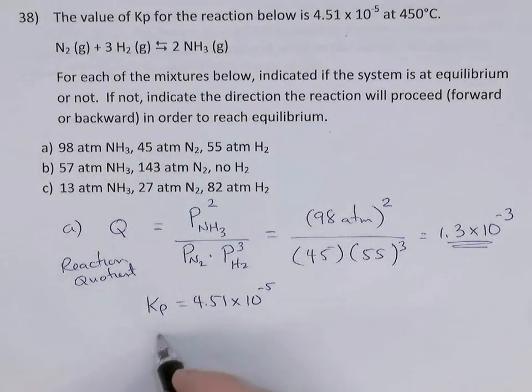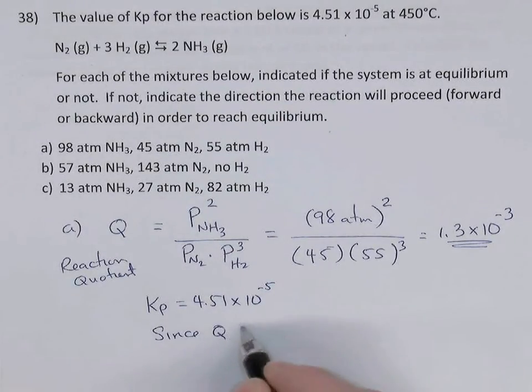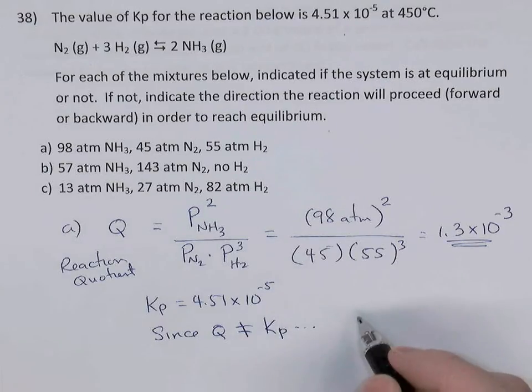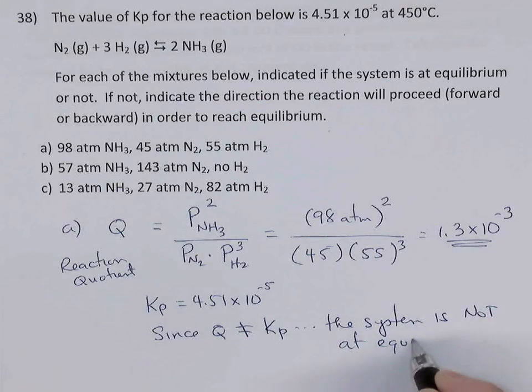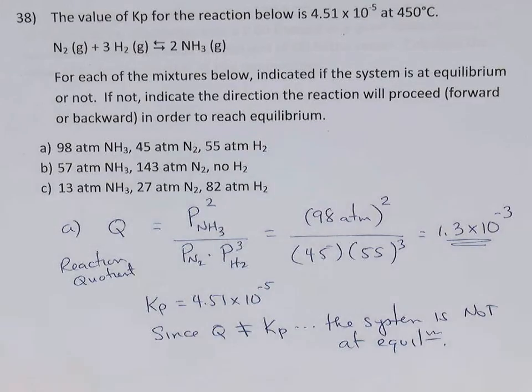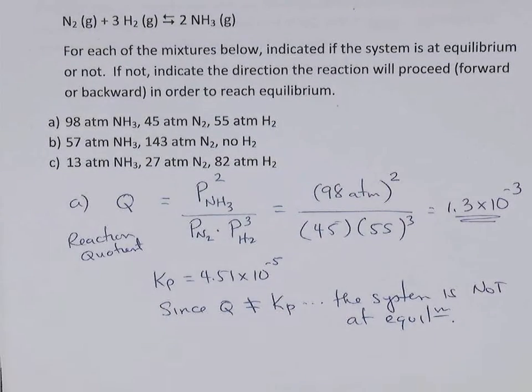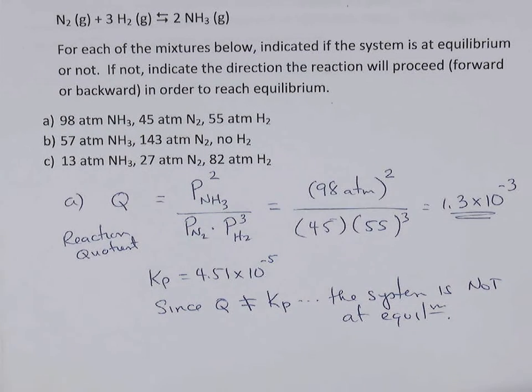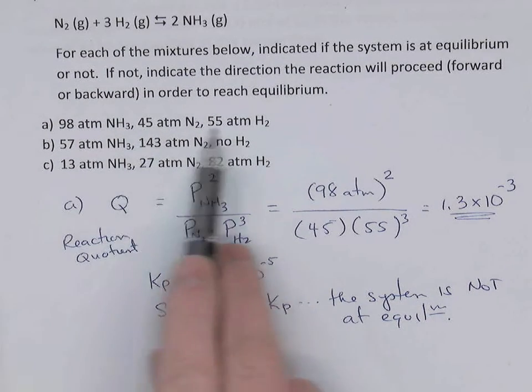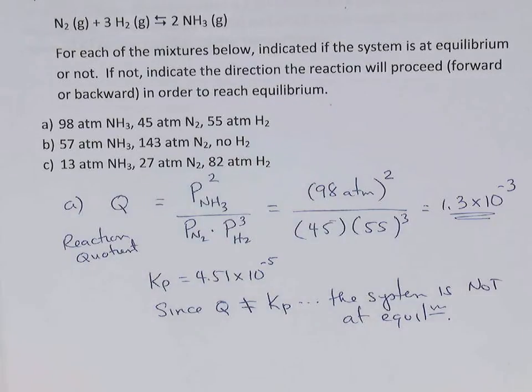So since Q is not equal to Kp, the obvious conclusion then is that the system is not at equilibrium. Okay, if Q is equal to Kp, then yes, the system was at equilibrium, but here Q and K are different, so this system with those pressures of ammonia, nitrogen, hydrogen could not be an equilibrium system.